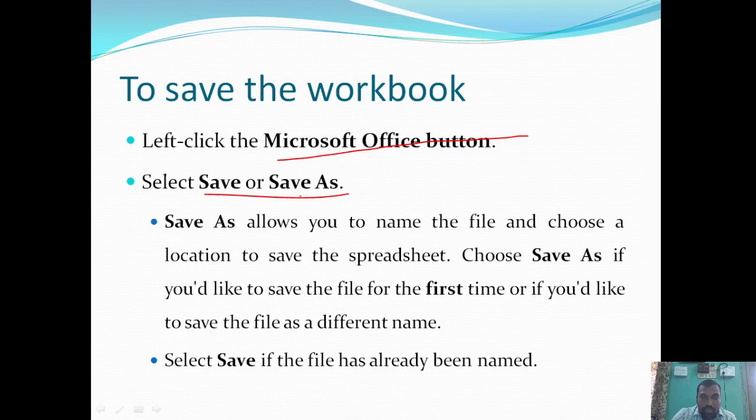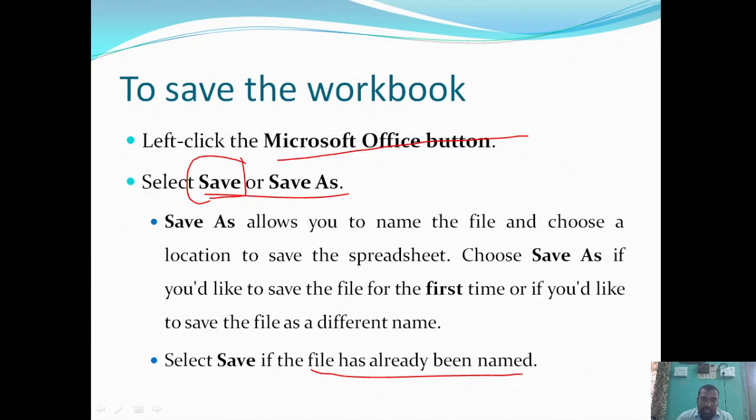Both commands are used to save the document, but the difference is, we use the Save command if the file has already been named. If the file is already saved and you perform some modification, then that modification will be saved if you choose the Save option.